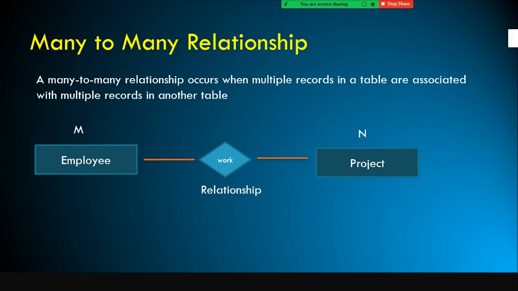The next one is the many-to-many relationship. A many-to-many relationship occurs when multiple records in a table are related with multiple records in another table. Many employees can work on a single project. Similarly, in multiple projects, more than one employee is working. You understood?